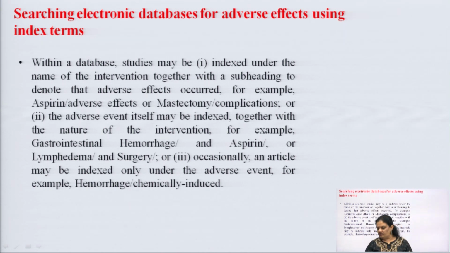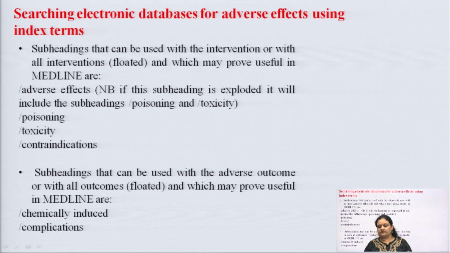Chemically induced means that after taking a certain class of drug, the patient reports internal hemorrhage. Lastly, I am telling you about the floating subheadings and how you can report them. Subheadings that can be used with the intervention, or sometimes with all interventions, are considered floating and give you important information in both Medline and Embase indexing systems.